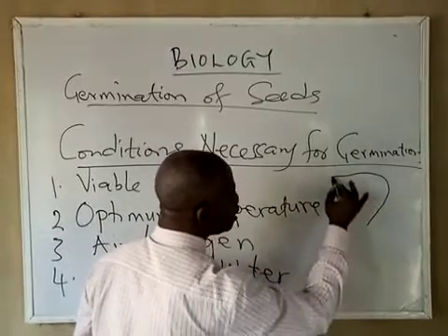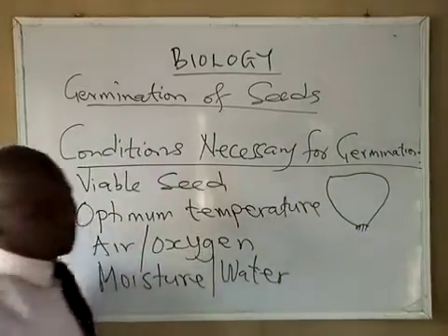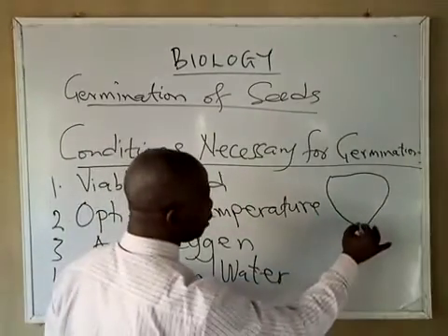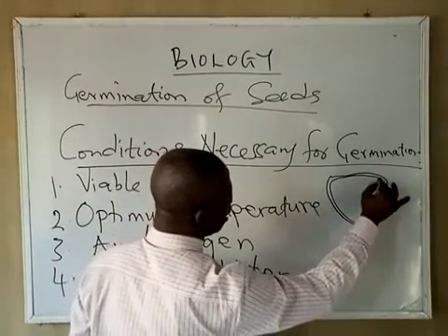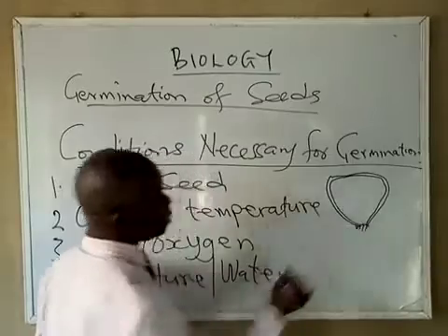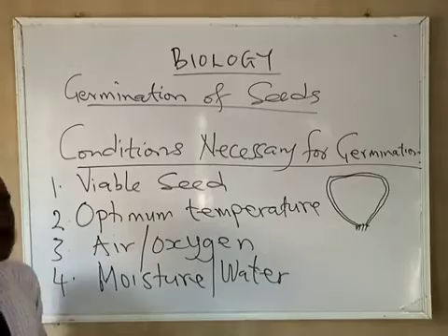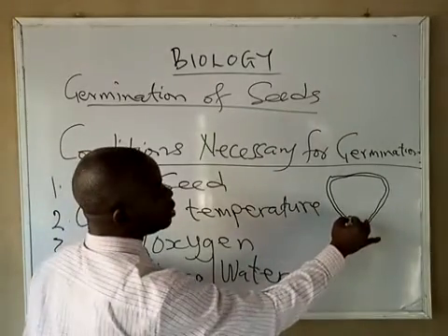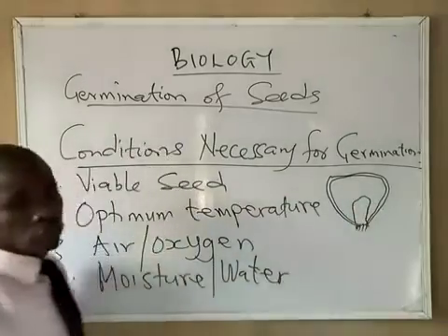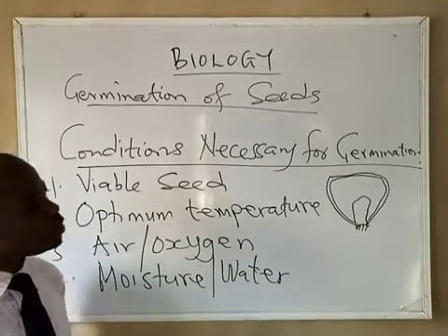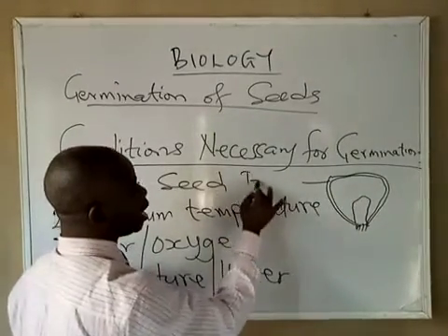For example, if we represent our maize seed with this simple drawing, this one being our testa, the outer covering of the seed. If you look at it very well, you see a marked portion of the seed if the testa is removed.